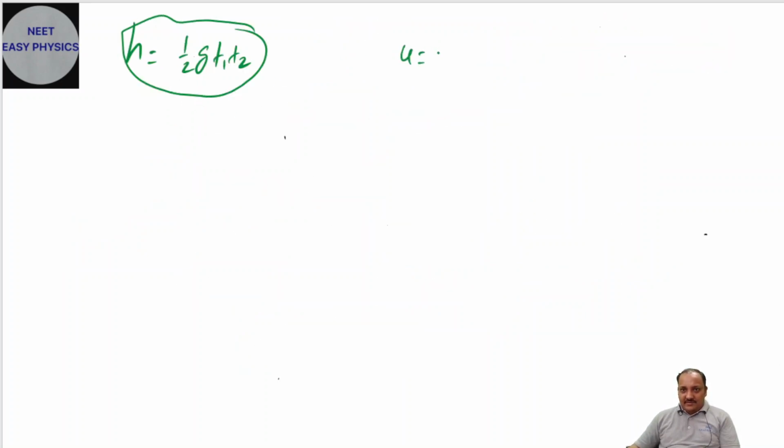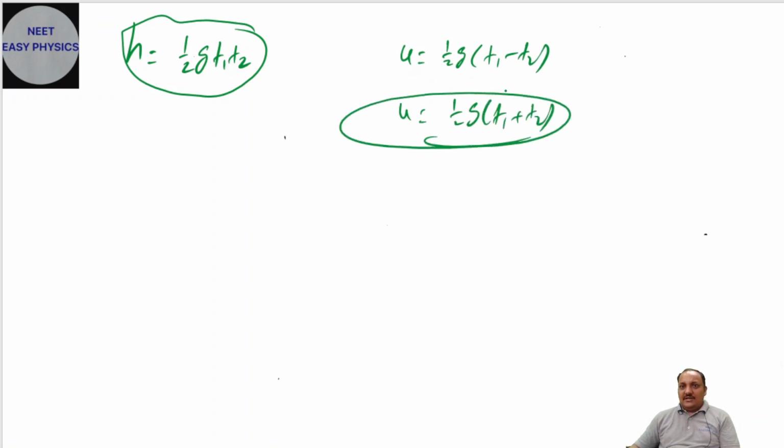But the initial velocity is different: half g into t1 minus t2 there, and half g into t1 plus t2 here. This is the only small difference. If you observe this small difference carefully, you can solve the problem very easily.